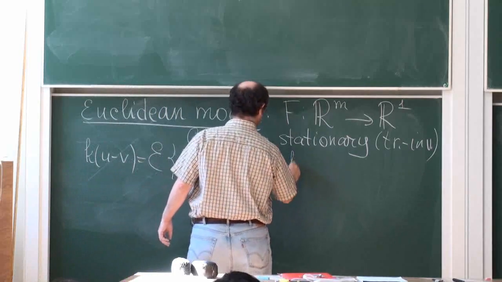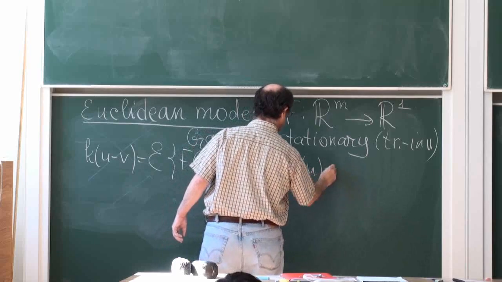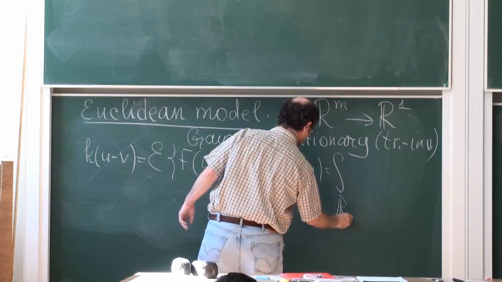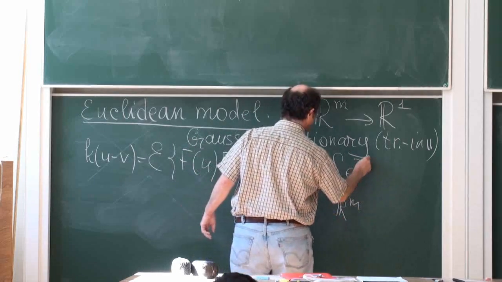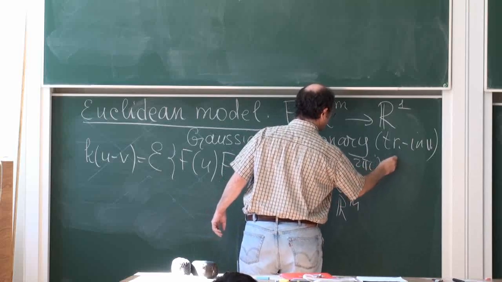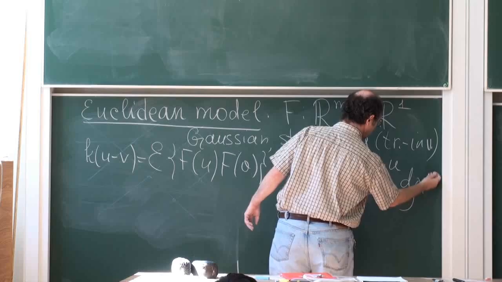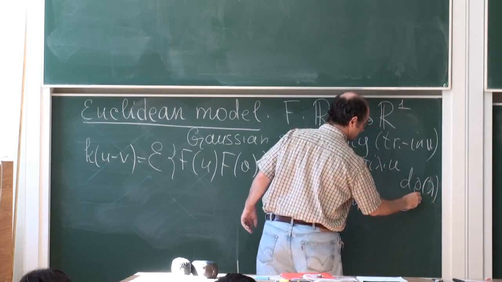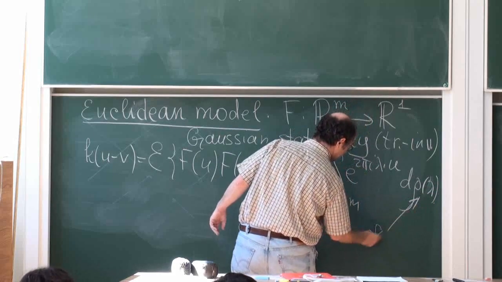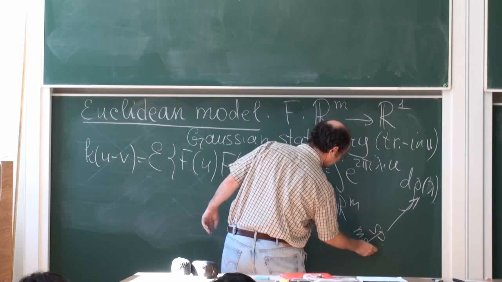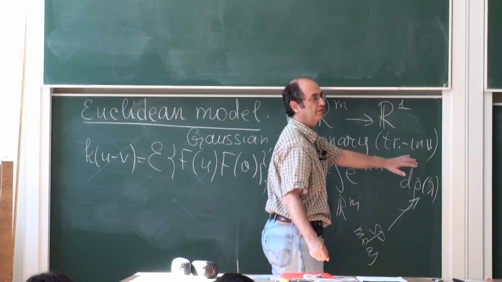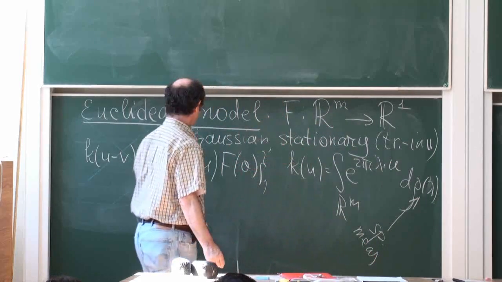And K, as I explained already, is a Fourier transform of some measure which keeps all information. This is a spectral measure. And it contains all information, at least theoretically, about our process.